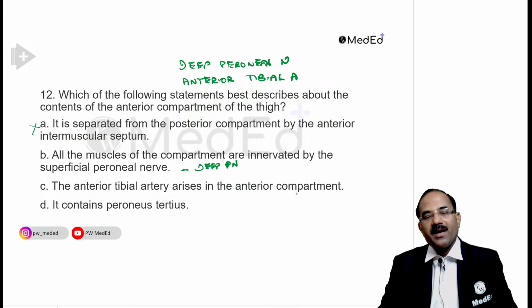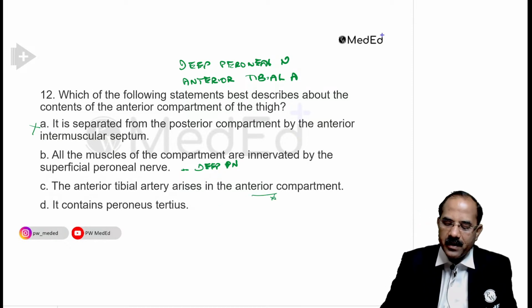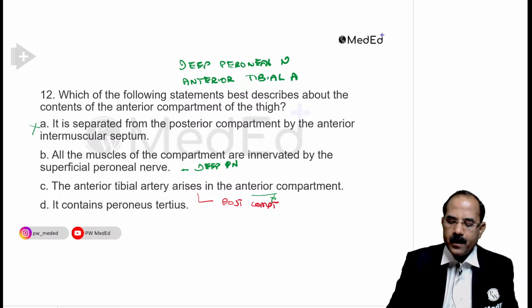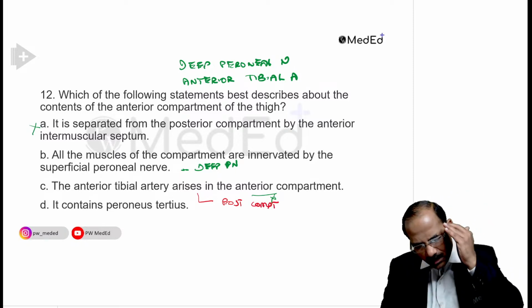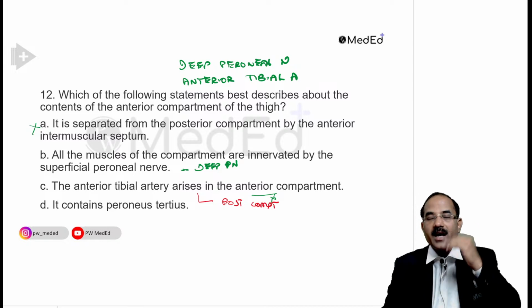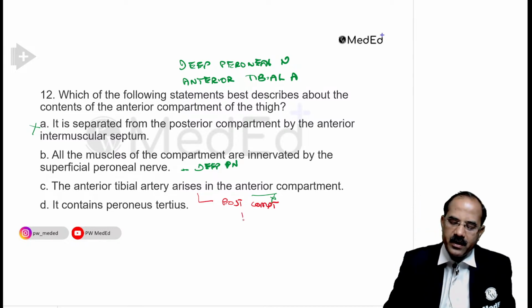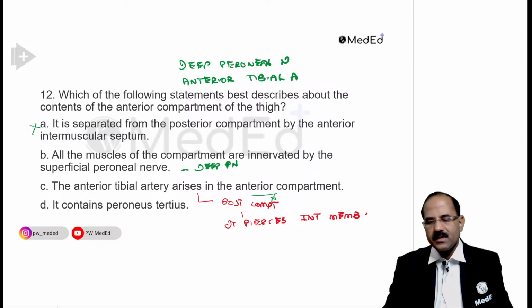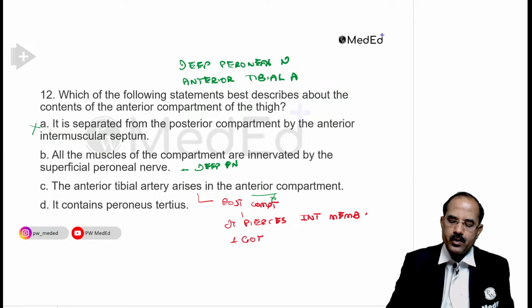The anterior tibial artery arises in the anterior compartment. That's wrong. The anterior tibial artery arises in the posterior compartment. And how does it go to the anterior compartment, student? It pierces the interosseous membrane and goes to the anterior compartment.